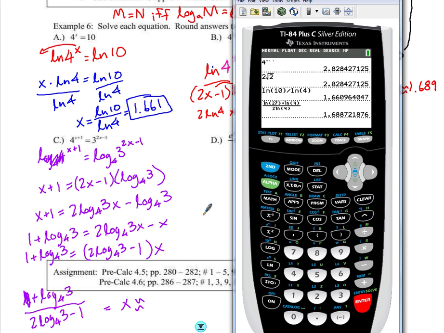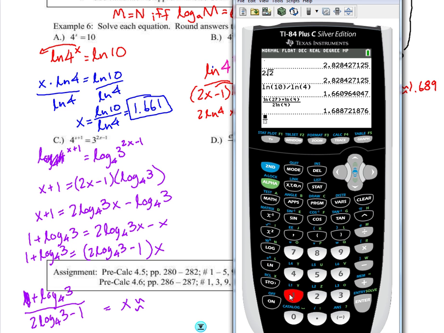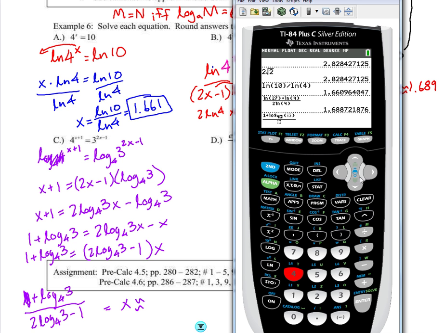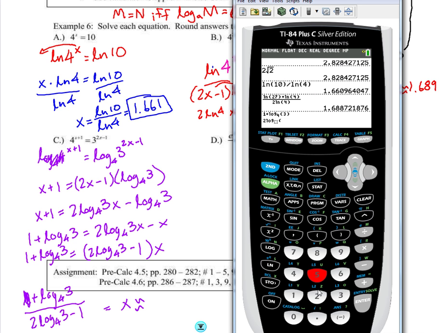These are my special logs. I get an answer of 3.064.